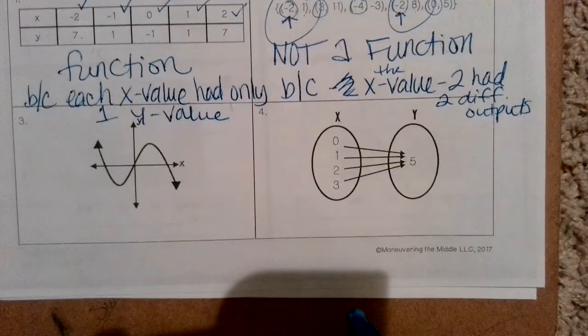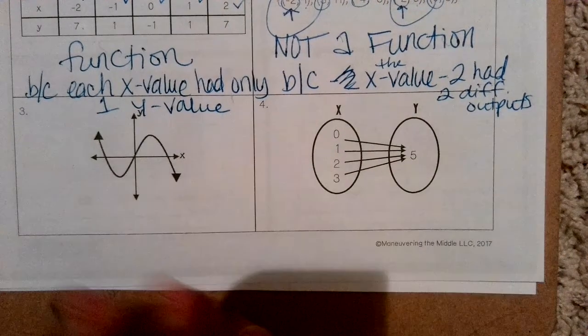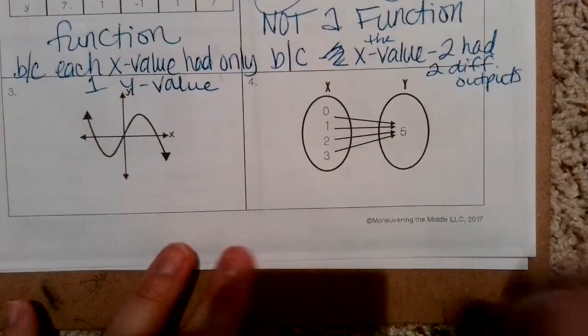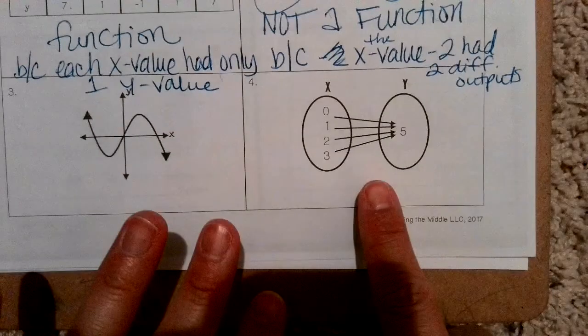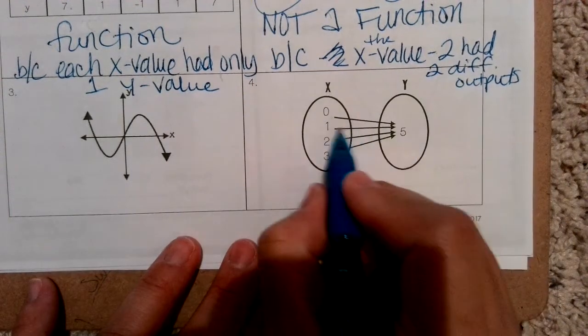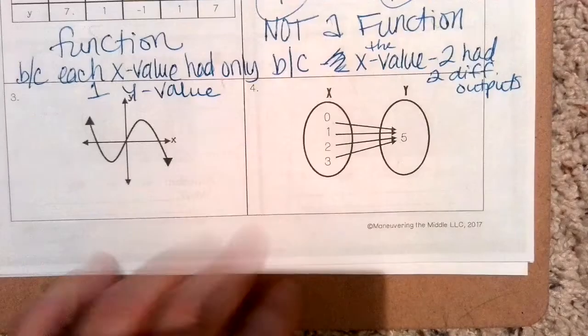All right. Let's go to the map and we'll do the graph last because to me the graph is the easiest one. So here's this map. I see 0 goes to 5, 1 goes to 5, 2 goes to 5, 3 goes to 5. So think about that real quick. Okay.